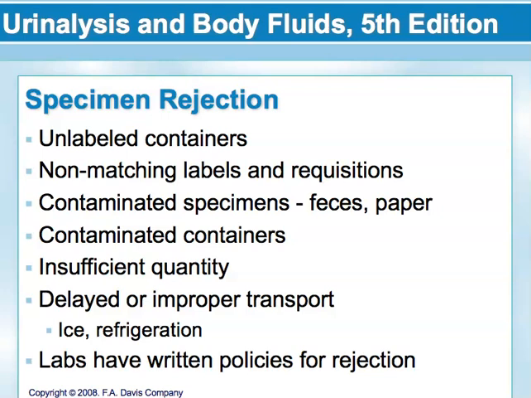You can reject that specimen. Labels that do not match between the label and the requisition. So as I just mentioned on the previous slide, if you've got a sample that has the name Jane Doe, and your requisition says Jane Dale, those names don't match, so you can reject that.